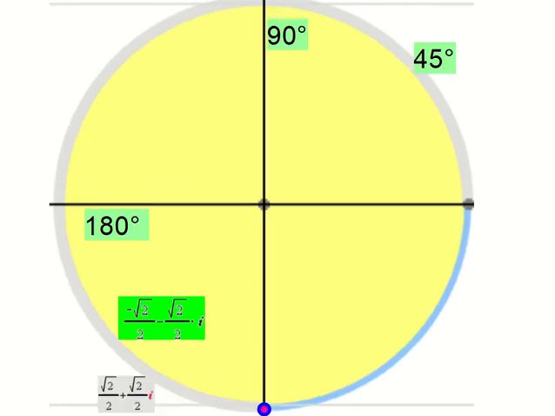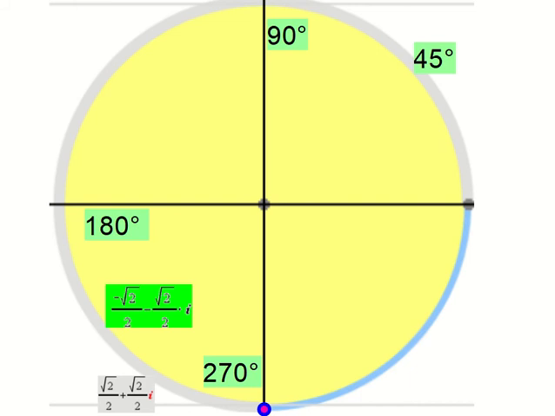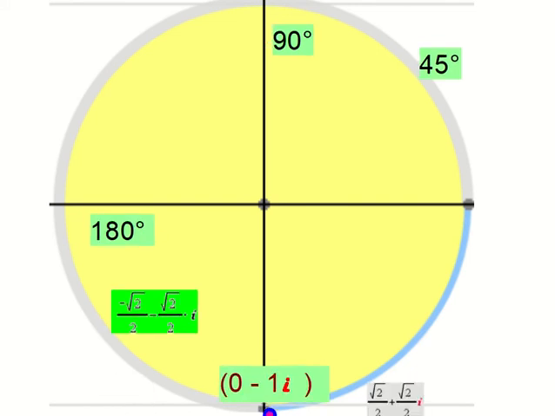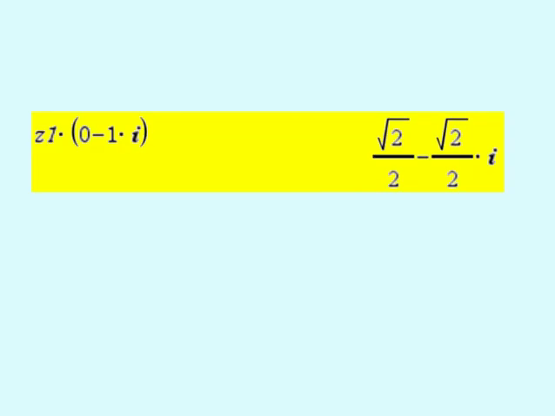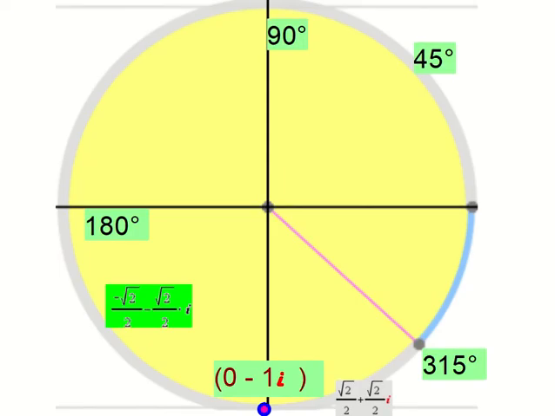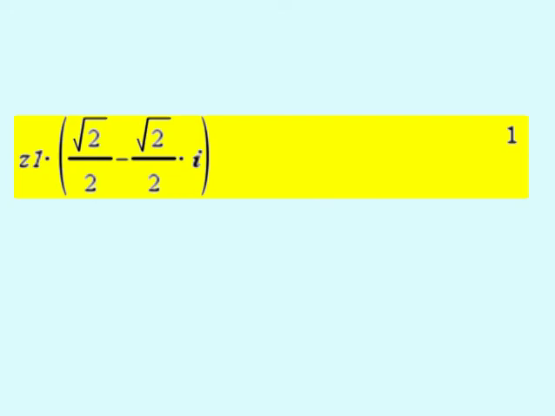My next rotation brings me to negative i, or 0 minus i, which is 270 degrees. One more rotation gets me to 315 degrees. From this point, I rotate another 45 degrees, and I'm back to the origin.